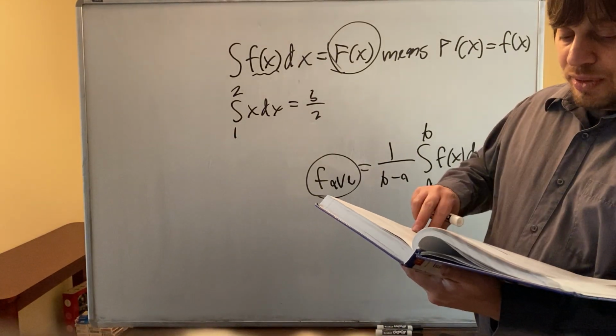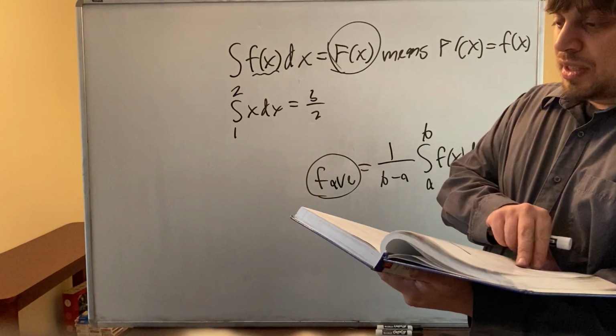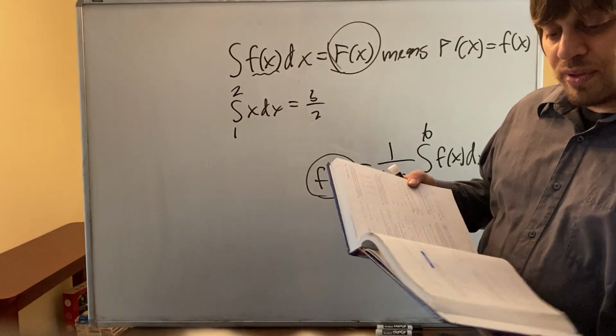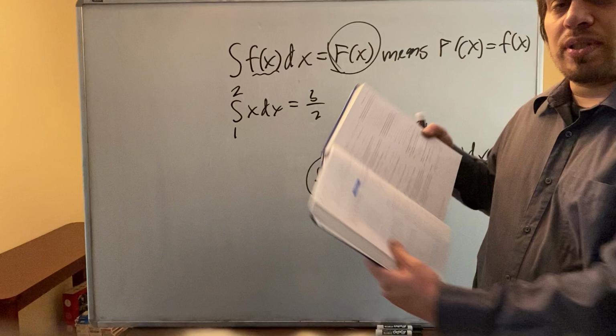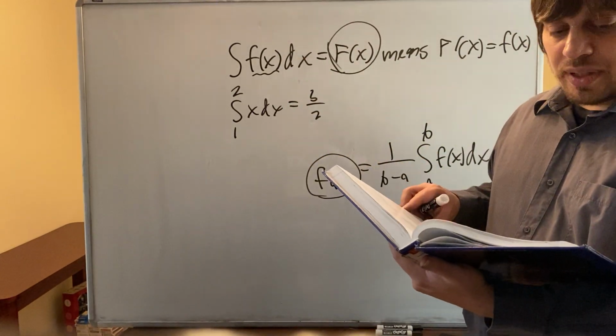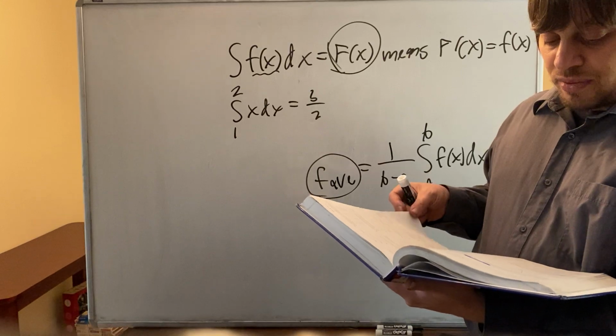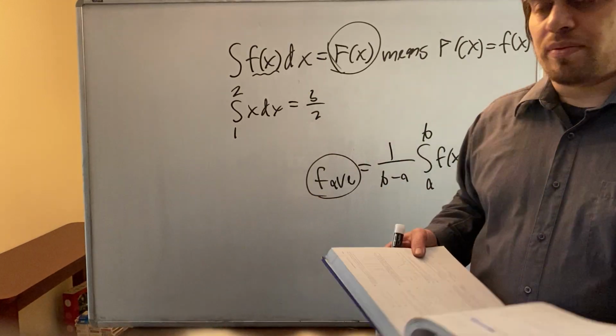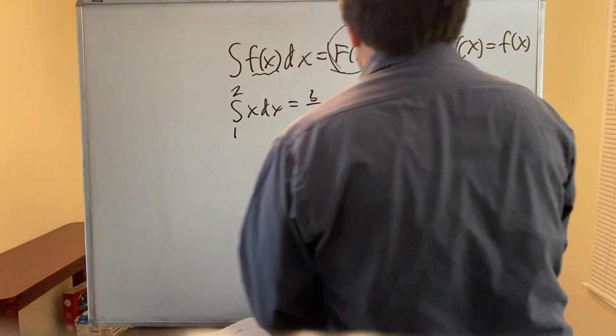Now if you go to the chapter 4 review, starting on page 250 of the textbook, there are exercises at the end of the chapter. So now I'm just going to go over some exercises with you to review.